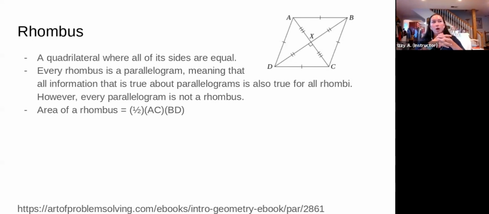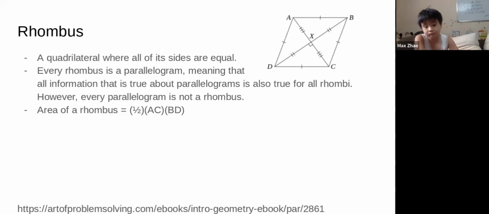A rectangle would not be an example of a rhombus because it has two sets of equal sides. Not all the sides of a rectangle are equal, so it's not a rhombus. Every rhombus is a parallelogram, meaning that all information that is true about parallelograms is also true for all rhombi. However, every parallelogram is not a rhombus.